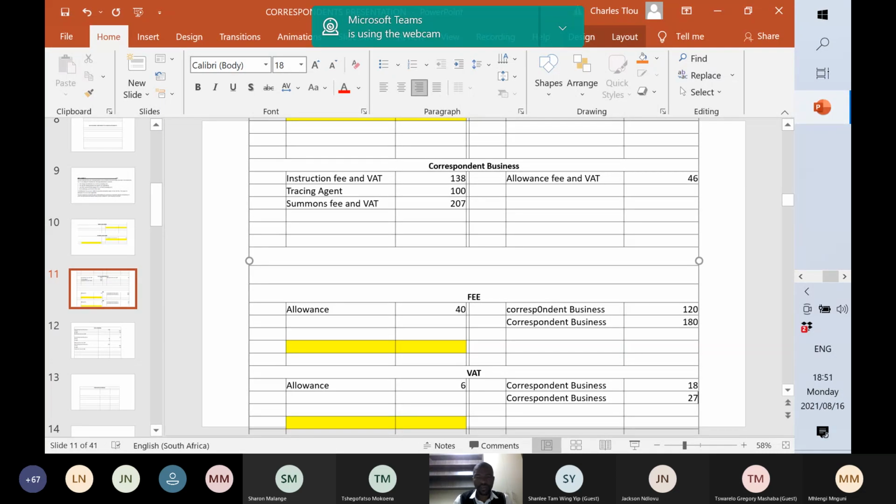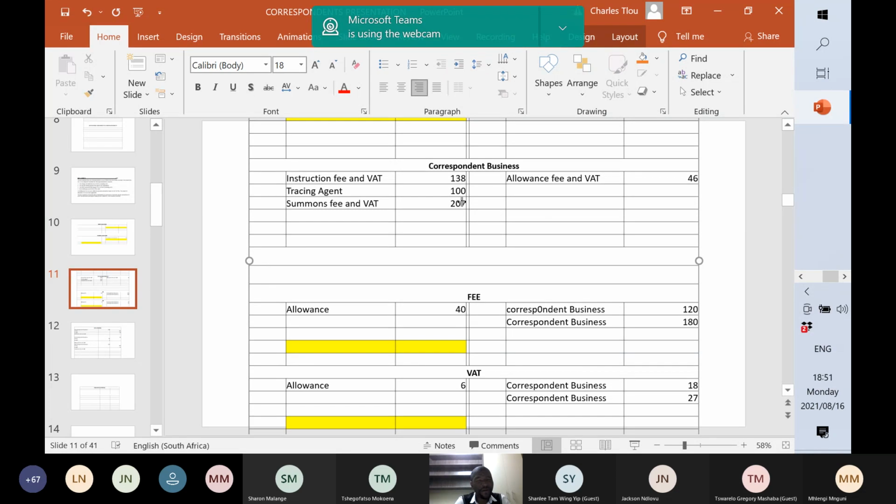Now we have recorded that fee of 180 plus the VAT of 27 rand, and the total was 207, as you can see debited here on the correspondent business, because your client always pays both the fees and the VAT. So this 207 is inclusive of the VAT, therefore he must pay the full amount. And that again is a fee.